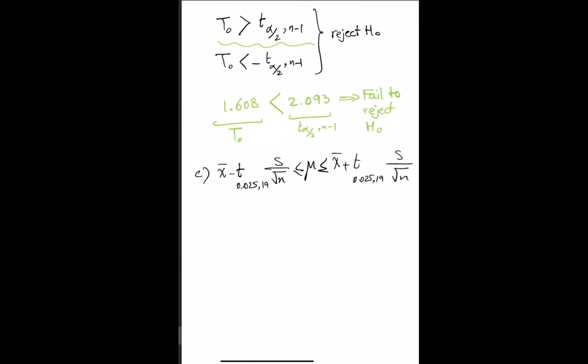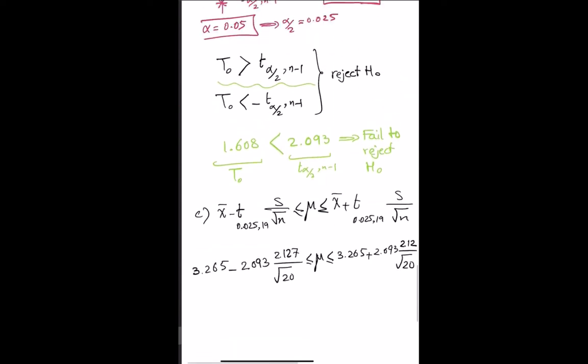And if we replace the numbers, x bar is going to be 3.265 minus 2.093 multiplied by s, 2.12, divided by square root of 20, less than or equal to mu less than or equal to 3.265 plus 2.093 multiplied by s, which is 2.12, divided by square root of 20.